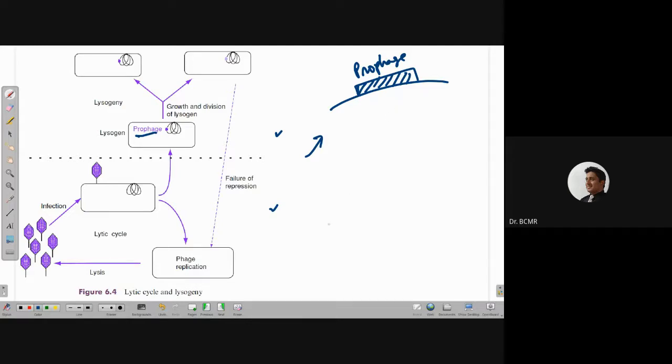And there is also the lytic cycle, where the phage will grow, multiply, phage replication occurs, it breaks open the cell, more are released, and they will infect many more. So that is the lytic and lysogenic cycles of lambda.